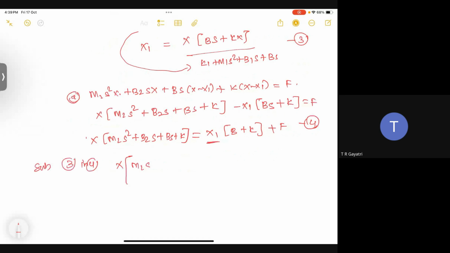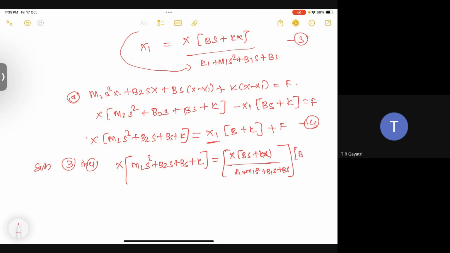This will give me (m2 s square plus b2 s plus b s plus k) X equal to the entire term X into (bs plus k) squared by (k1 plus m1 s square plus b1 s plus b s), plus F. If I made some silly mistake before, like instead of writing X, I wrote x2 by practice, this kind of mistake will lead to negative answers.